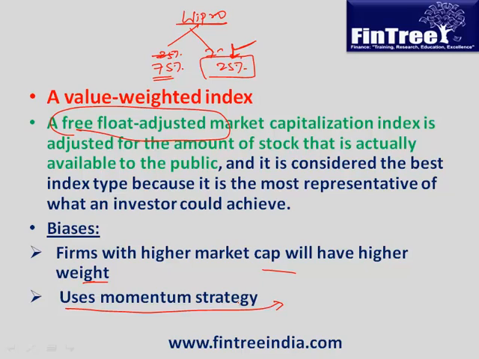As against a contrarian strategy, where you sell when the markets are rising and buy when the markets are falling. Now what happens? Imagine you decide to build a value weighted index. As the price of that stock increases, that stock's weight in your portfolio increases. As the price decreases, that stock's weight decreases. So in a way, you end up using a momentum strategy for your portfolio.